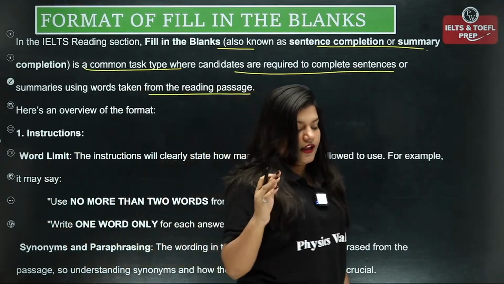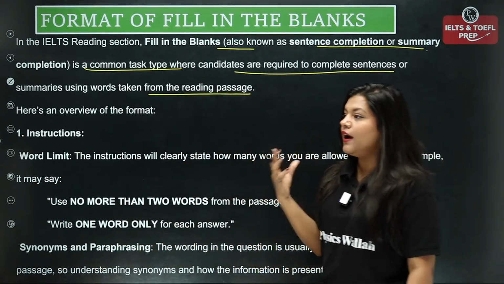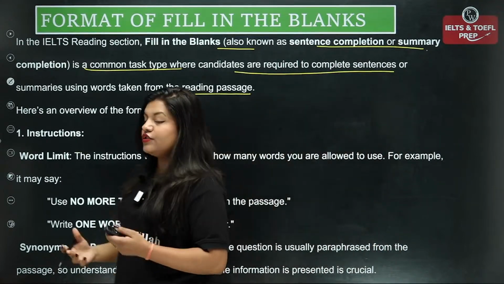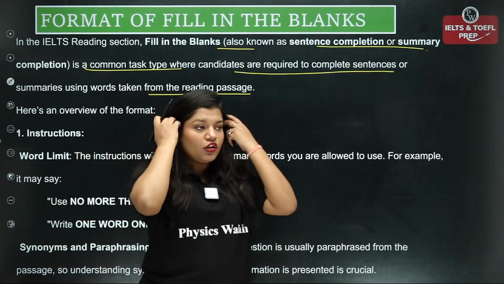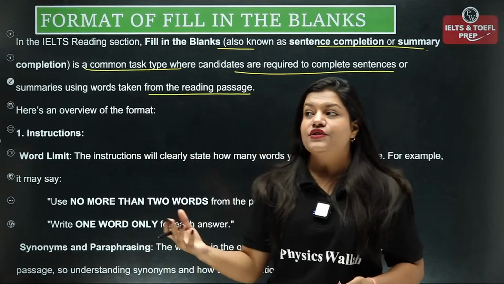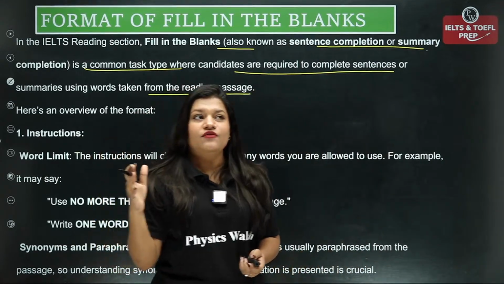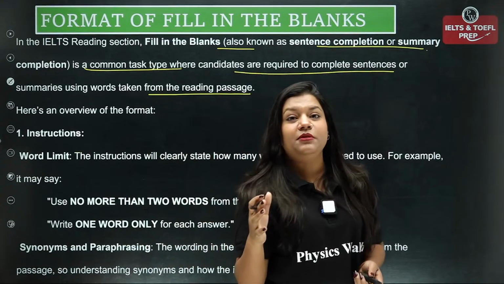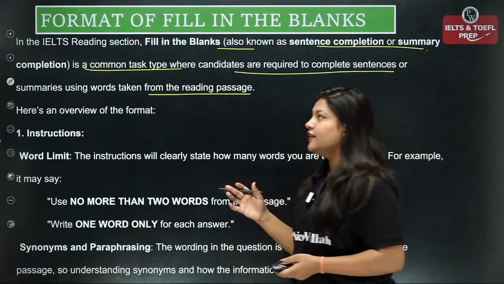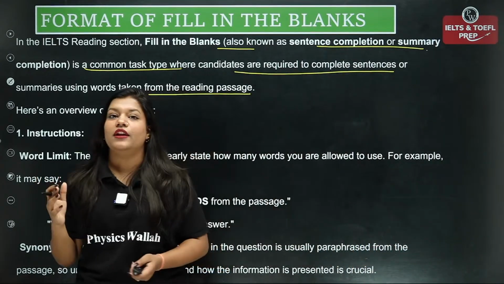Also, one thing I would like to remind you again: while solving papers for the reading section, you are not going to get any additional or extra time. Whatever time you have, which is 60 minutes, make sure you allocate it in a manner that is very helpful to you.